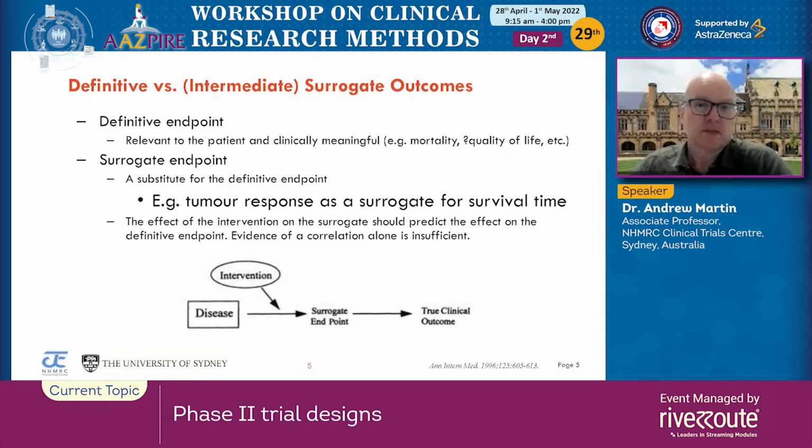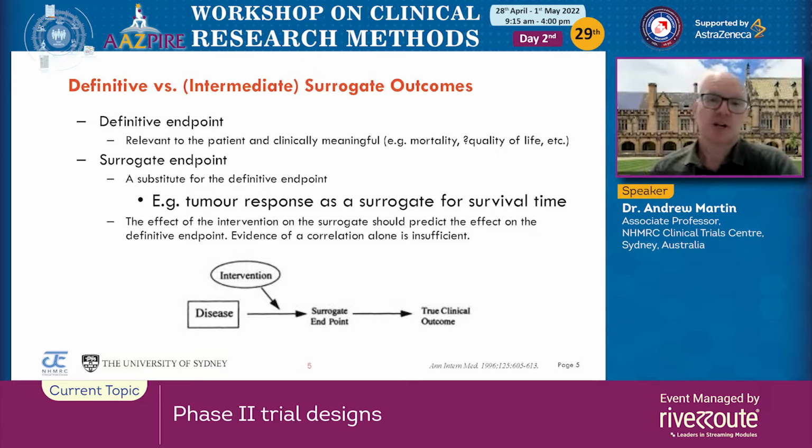So as an example, we might decide in our Phase 2 study to use tumour response as the primary endpoint. It's an intermediate endpoint, and we're either hoping or we've got good evidence that it is a good surrogate for survival time.